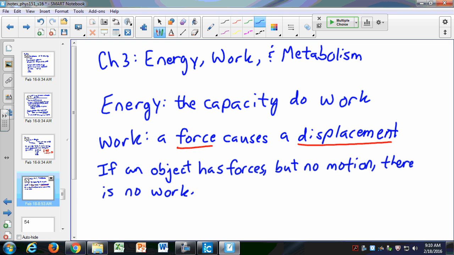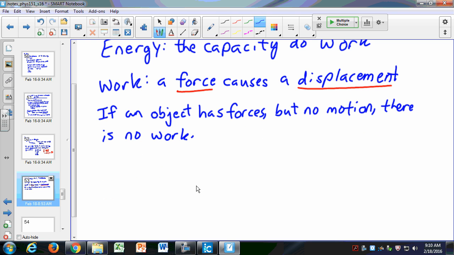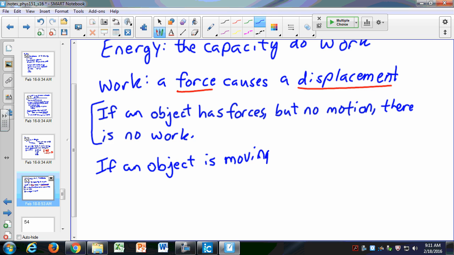All right, so if an object has forces but no motion, there is no work. If an object is moving, then it must have had work applied to it at some time.